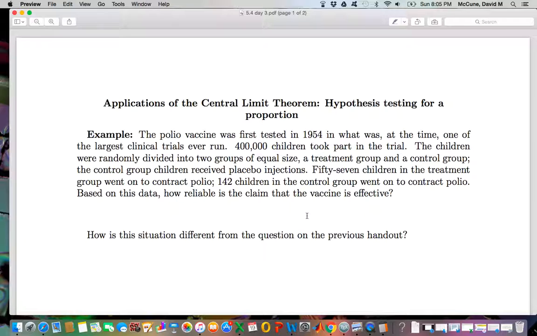So we need some sort of way of thinking through, these proportions are different, right? 142 out of 200,000 is different from 57 out of 200,000. So how could we measure the probability of seeing a difference like that? This proportion, 142 out of 200,000, is more than double the proportion you get from 57 out of 200,000.